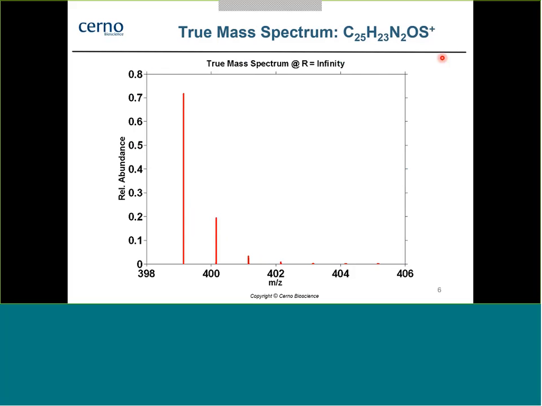If you look at the centroid data, at first look, it does look like a theoretically or a true calculated mass spectrum with the intensities at given mass locations. But if you look more closely, what you really see is that the true mass spectrum contains much more than just simple centroided data.